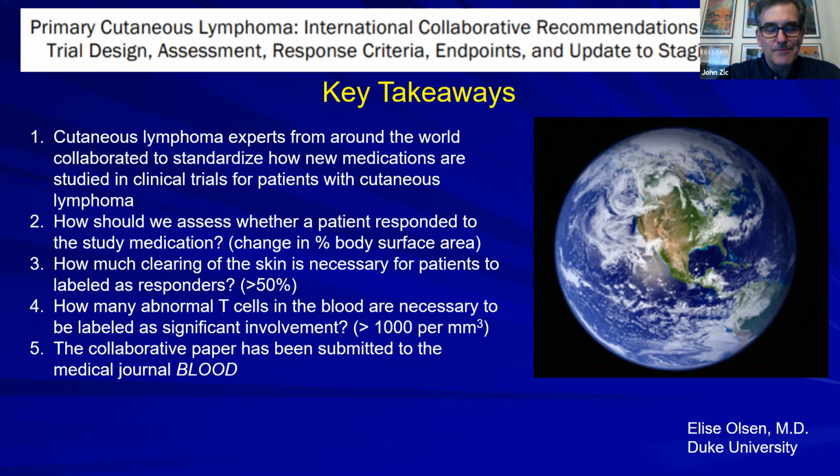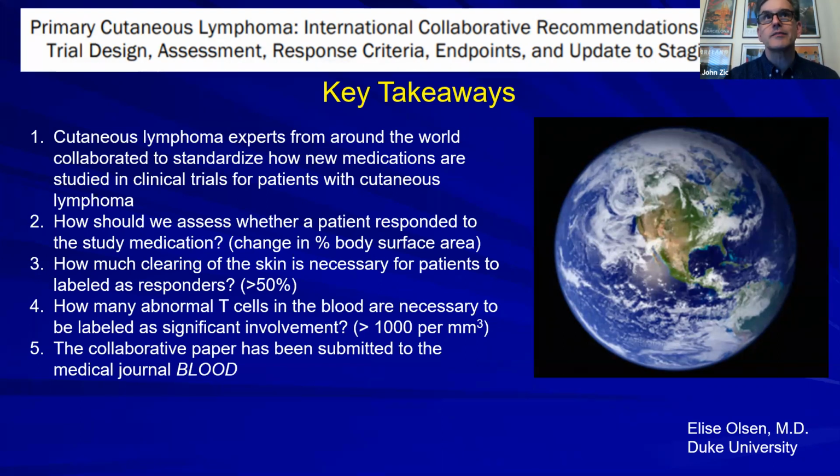Elise Olson single-handedly brought together cutaneous lymphoma experts from around the world who came together to collaborate in order to standardize the way that we study new medications in clinical trials for patients with cutaneous lymphoma. This was a very important endeavor.